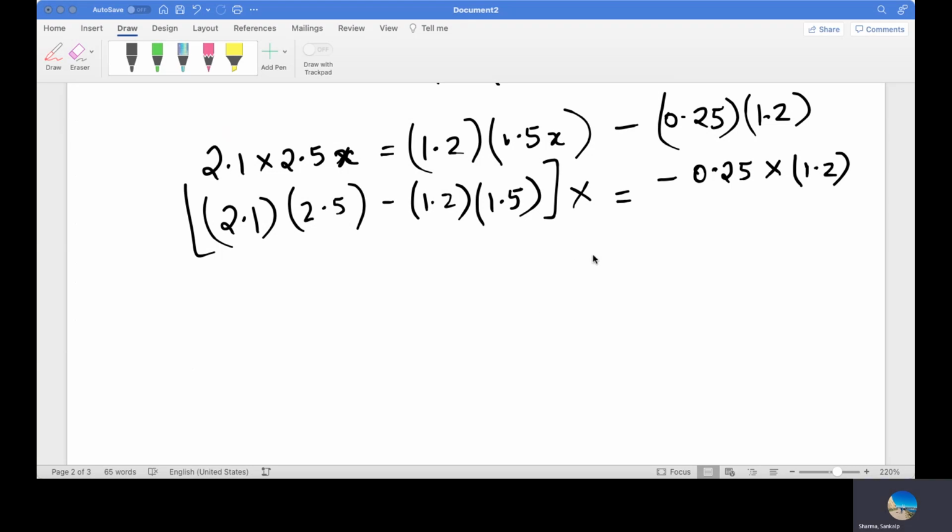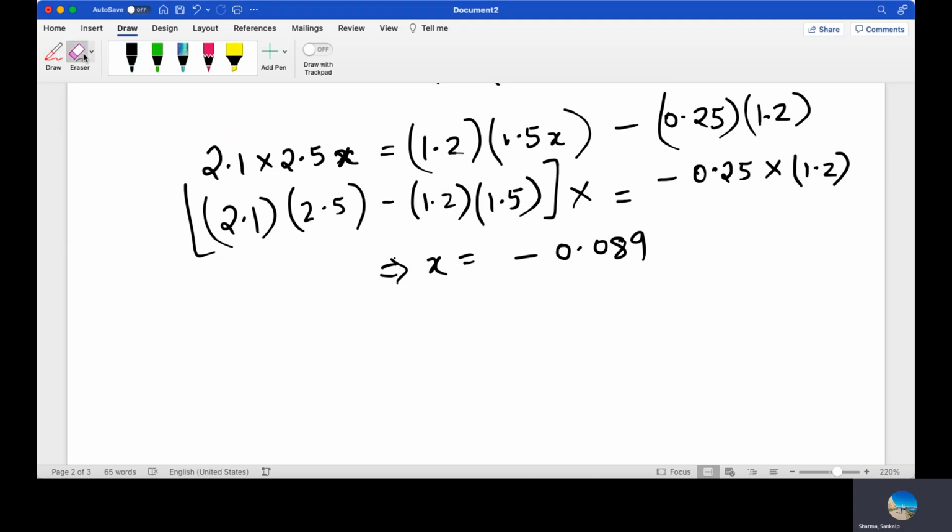Okay, so that comes out to negative. So this implies x equals negative 0.089. Let me double check that. Oh, 69, not 89.